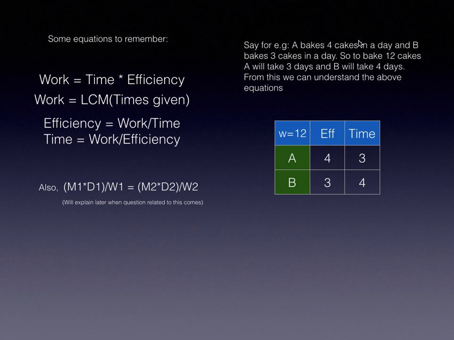And efficiency means in one day how much work is done. That is, in one day how many cakes are made. That is the efficiency. And time is like for the same work to do, how much time each person takes.